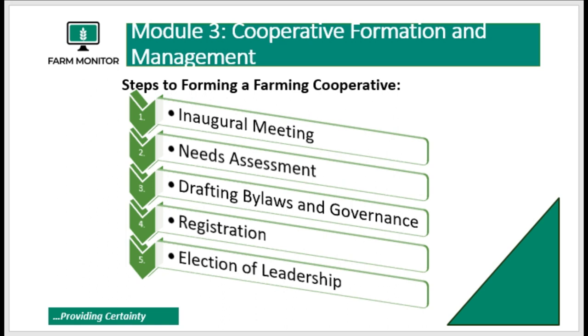Number 3 is to draft bylaws and set up governance. Bylaws are the rules and regulations that govern the cooperative. So members need to draft and agree upon these bylaws, which detail the cooperative's purpose, membership requirements, decision-making procedures, and other such governance policies.